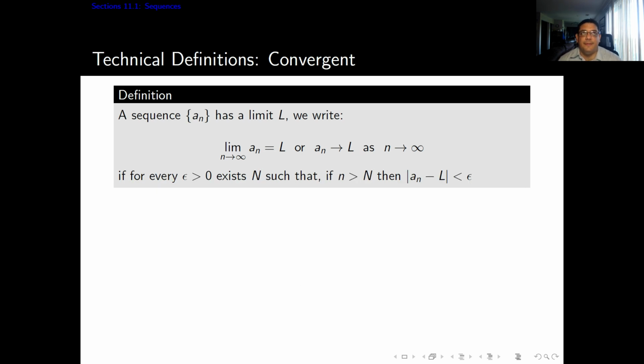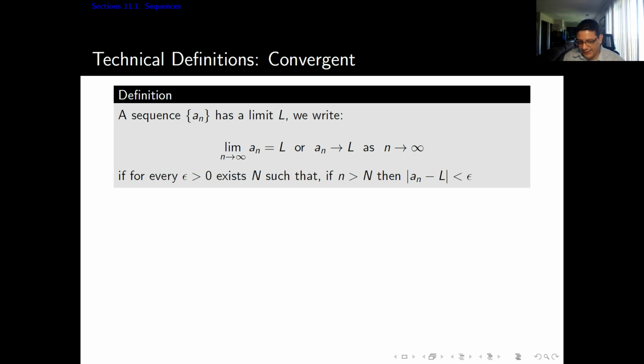Now, that definition has a proper technical version. A sequence has a limit L, meaning the limit as n goes to infinity of a_n is L, if for a given epsilon bigger than 0, there exists an N such that if n is bigger than that N that we pick, then the distance between the sequence term and L is going to be super small.